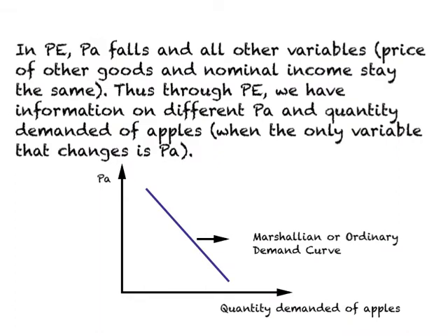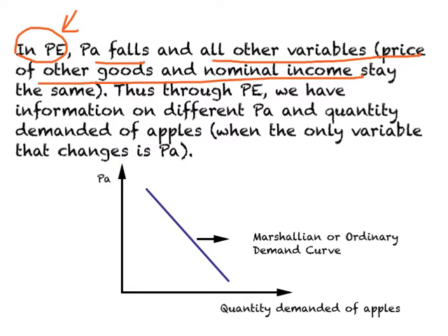Next, we revisit price effect. And the question we asked is, when price of apples falls and all other variables, price of other goods and nominal income, stay the same. Now through the price effect, what we have is information on price of apples and different quantity demanded of apples. And so once again, we plot price of apples against quantity demanded of apples based on price effect.